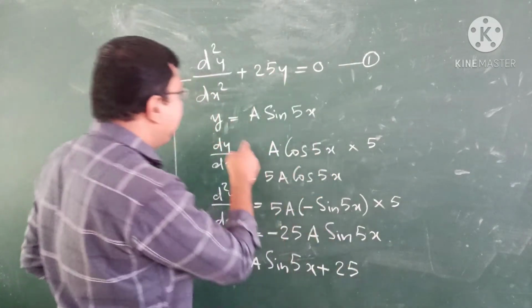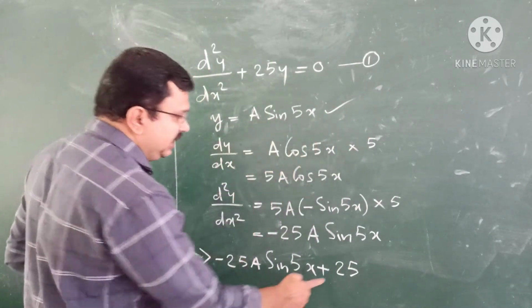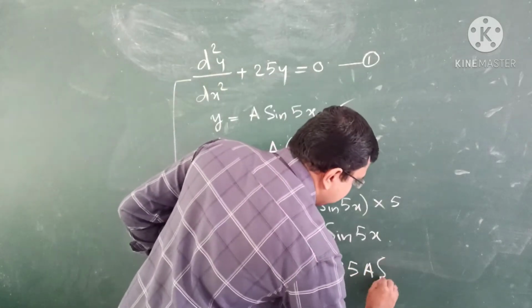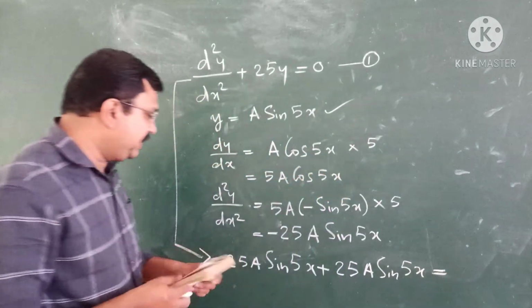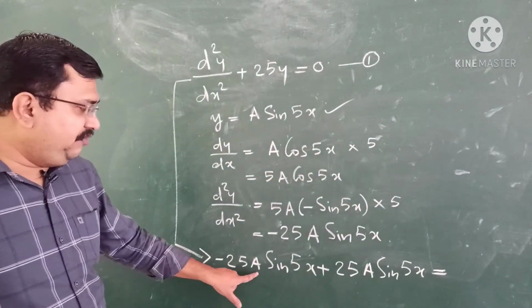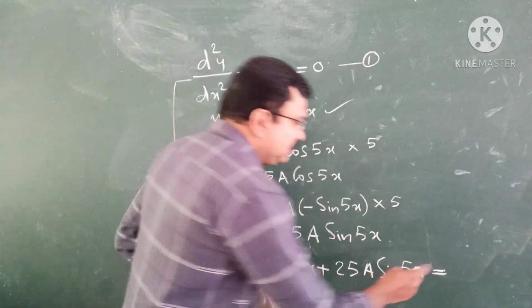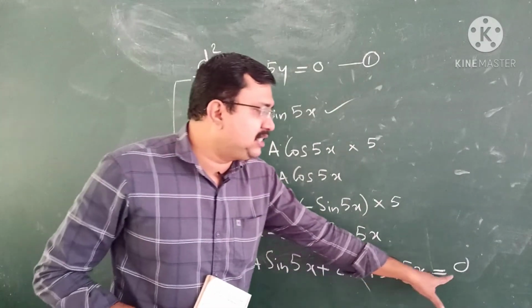What is y? y is a sin 5x. That is 25 into a sin 5x. Look at that, minus 25a sin 5x plus 25a sin 5x. These two terms are cancelling. Therefore, the final answer is 0.